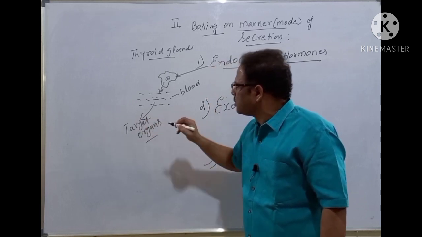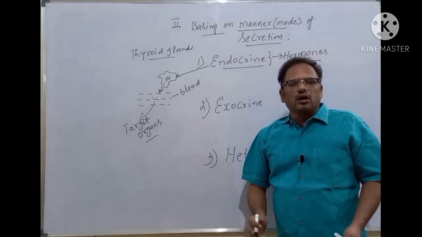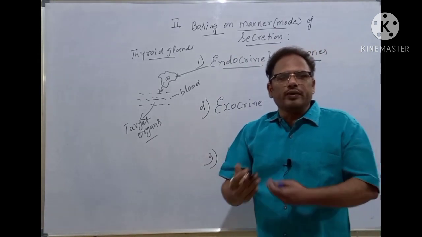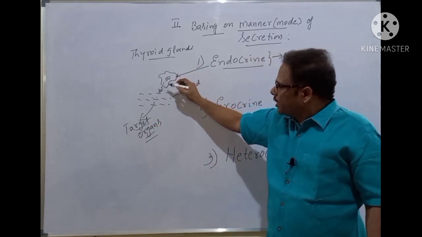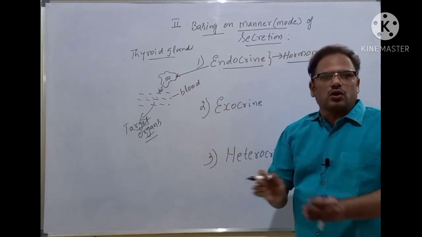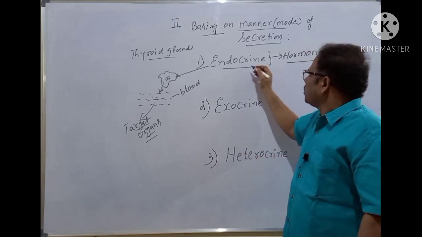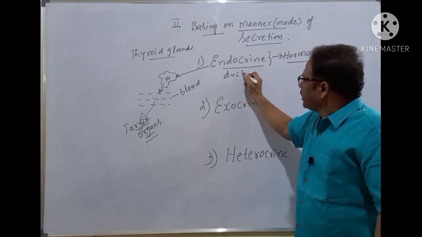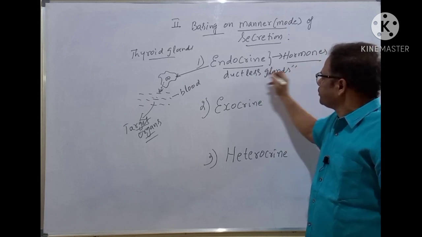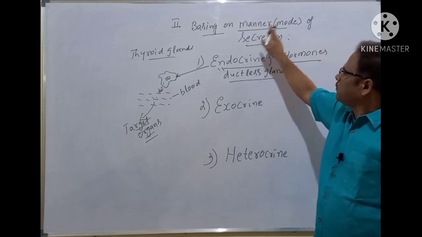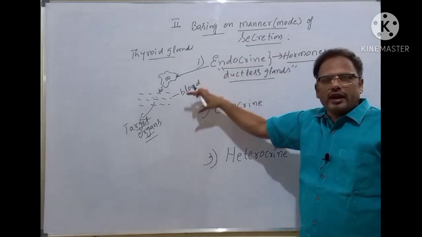A target organ is the organ on which the hormone is yet to act. So endocrine glands do not have ducts. Ducts are absent here. That is why endocrine glands are called ductless glands. That is the manner of secretion in the case of endocrine glands.